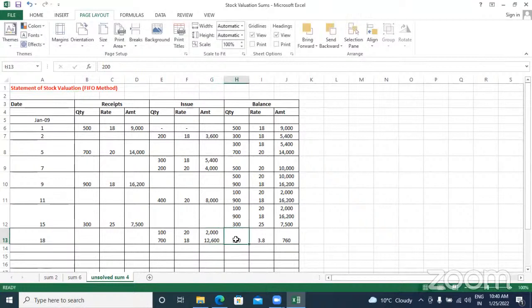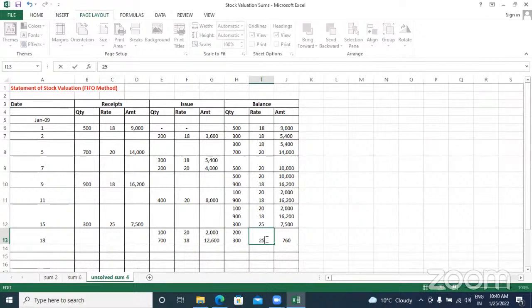Okay, now tell me what is the balance left? Out of 100, how much is left? 0, ma'am. Out of 900, how much is left? 200, ma'am. Very good. After 200, how much do we have? 300. Out of 300, how much is left? Full 300. What is the rate of 300? 25.